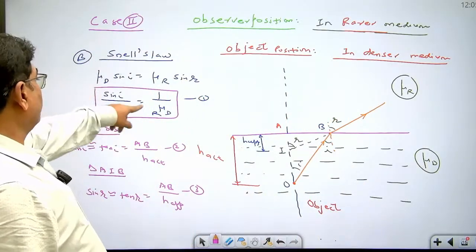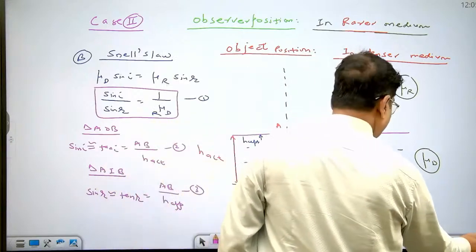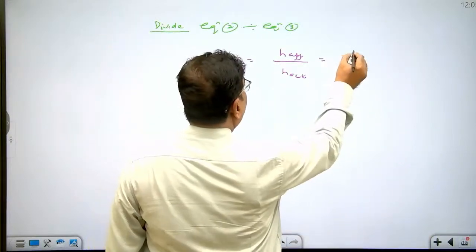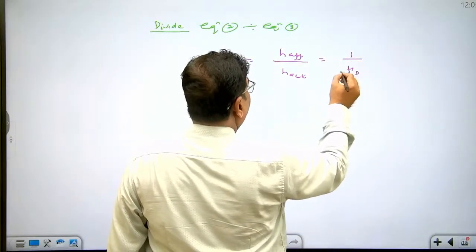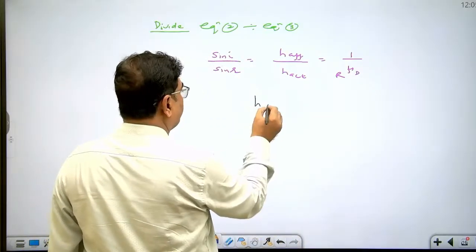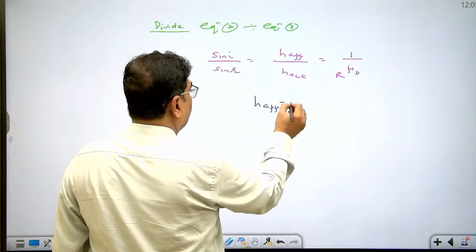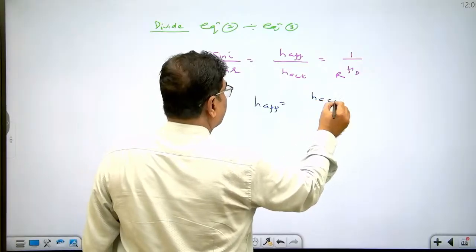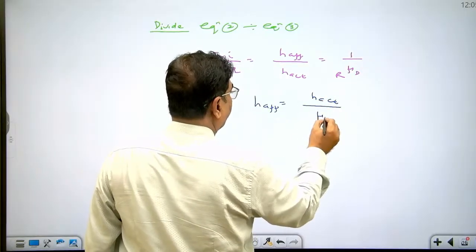And sin I upon sin R equal to 1 upon mu dr. So dear student, now final equation is H apparent equal to H actual upon mu dr.